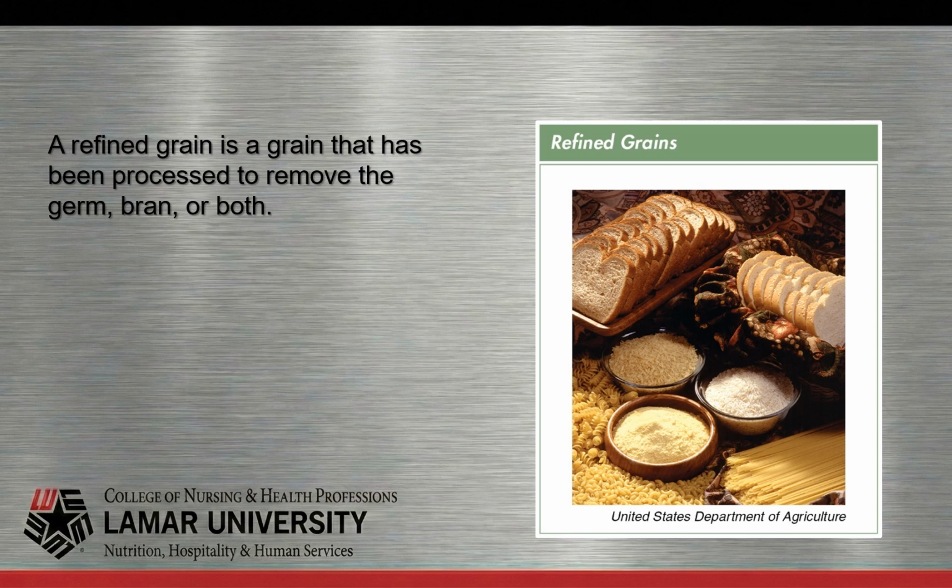The bran is removed from all-purpose flour to make the product white in color instead of brown. Removing the germ can help preserve the product so that it does not spoil quickly. However, grains lose vitamins, minerals, and dietary fiber during processing.